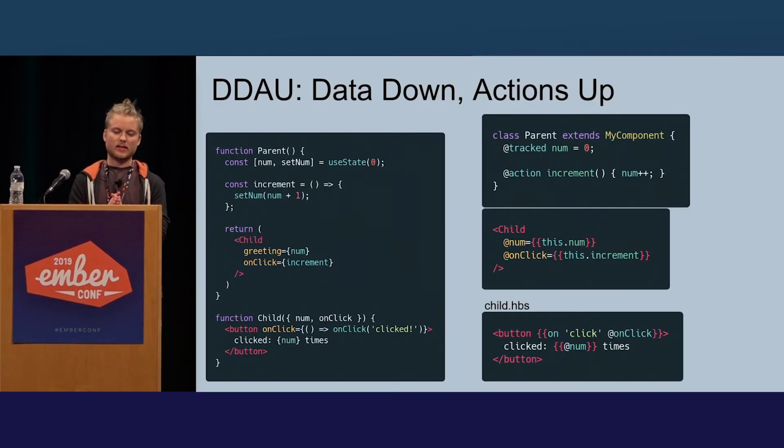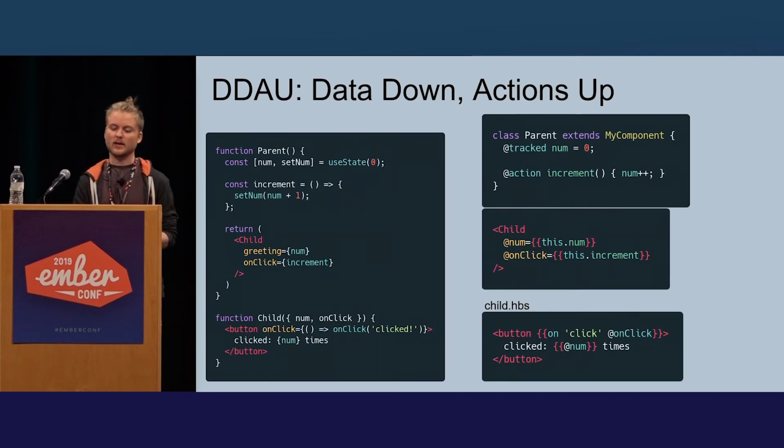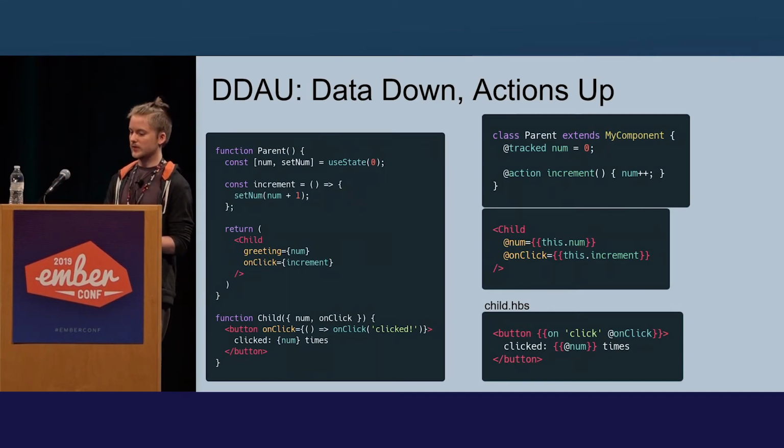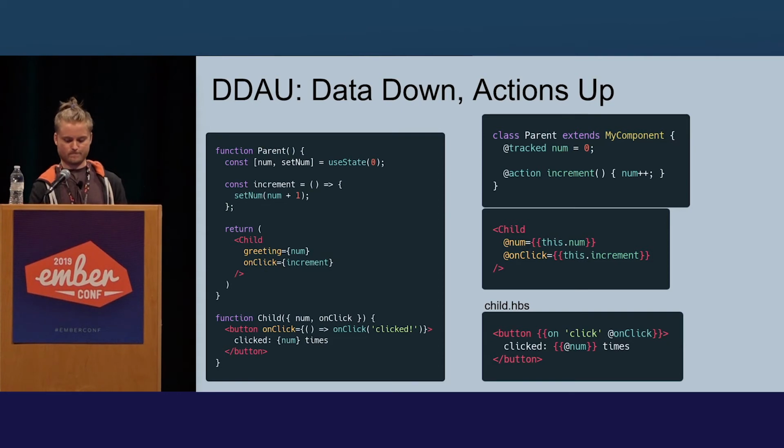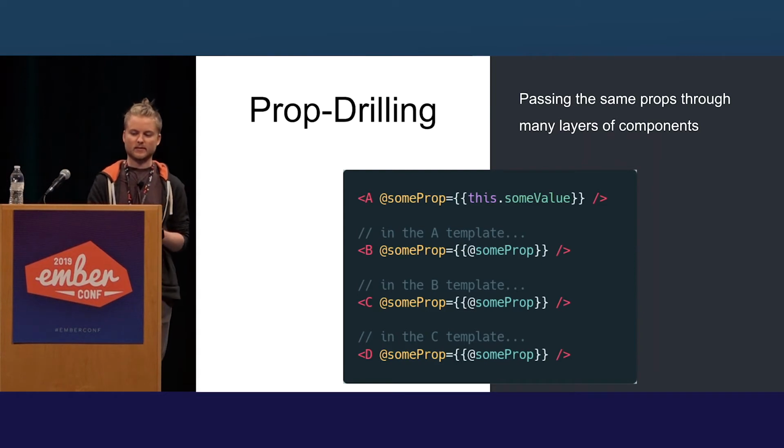So with data down, actions up, this technique is very prominent in Ember, and it is the one-way data flow. It is not unique to Ember, though, as it is present in nearly every ecosystem and is very prominent in Redux's best practices. But some people have taken this too far, and it may result in prop drilling, where you pass the same props through many layers.